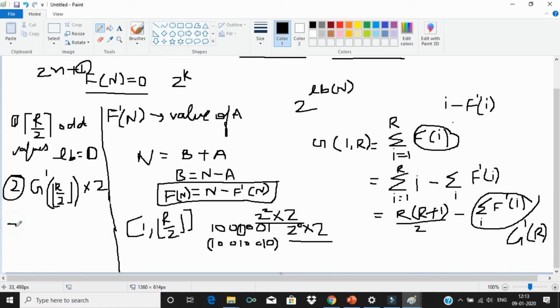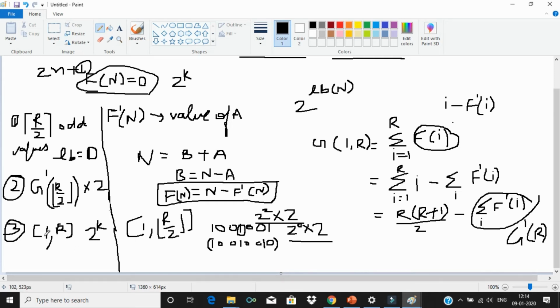And there is the third condition. The third thing is that we need to subtract the number of numbers in the range 1 to r which can be represented in the form of 2 raised to the power k, because for them we have taken f of n to be 0, but actually f of n should be minus 1 according to the question.